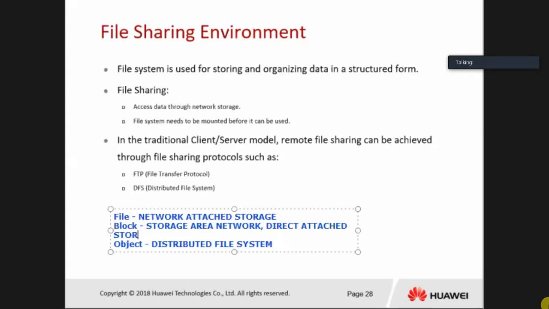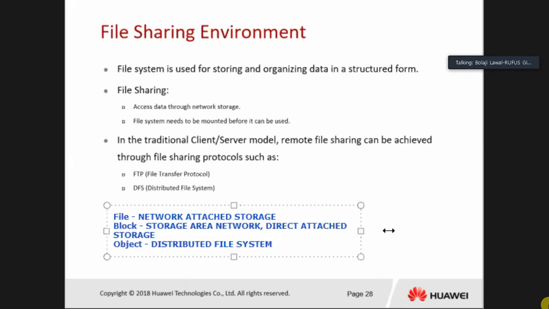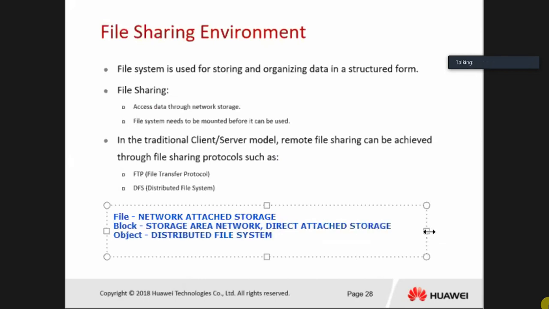It also supports block, and it also supports DAS. So please take notes. Thank you. Let's move on.